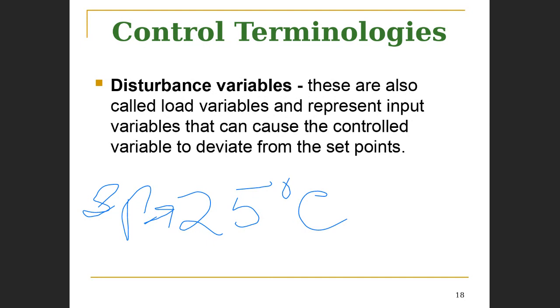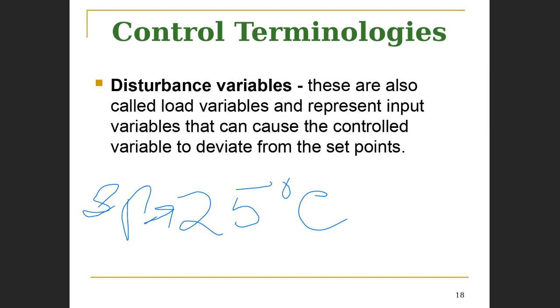Correct. So if you drop the flow rate of cold water going to your bathroom now, your shower, what's going to happen to the temperature of the water coming through? All right, so I get that. You're going to have a greater portion of hot water mixing with a lower portion of cold water, so it will certainly be hotter. I understand, sir. Right, so that's the type of disturbance that we're speaking of.